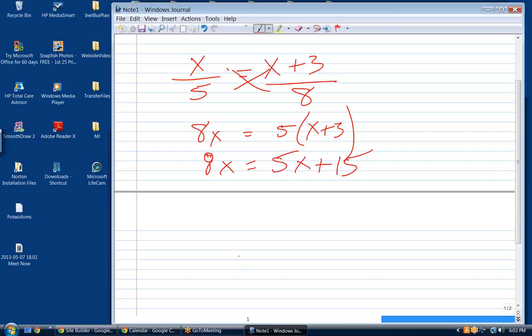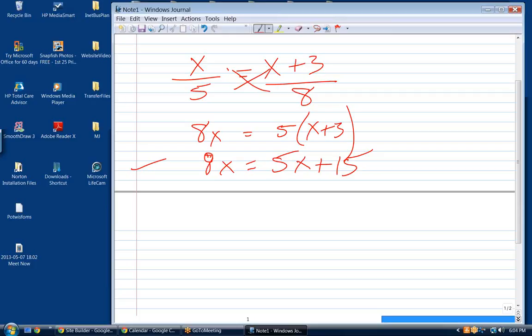Okay. Now what? Do we want to divide by 8? Well, at this point in the equation, we want to gather all the terms with the variable in it on one side of the equation and all the terms with just numbers in it on the other side. So we have an 8x and a 5x.